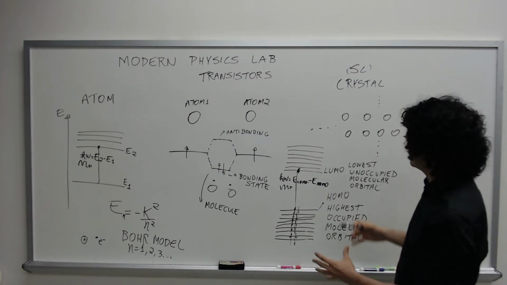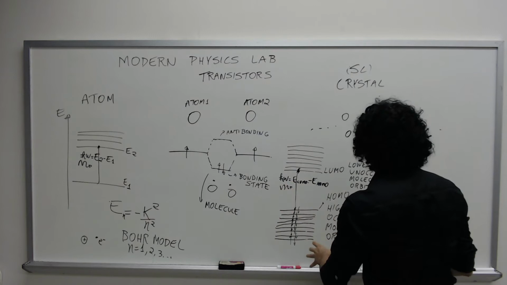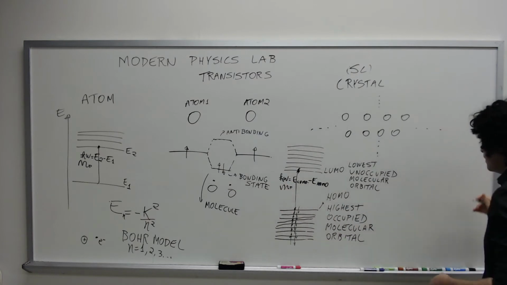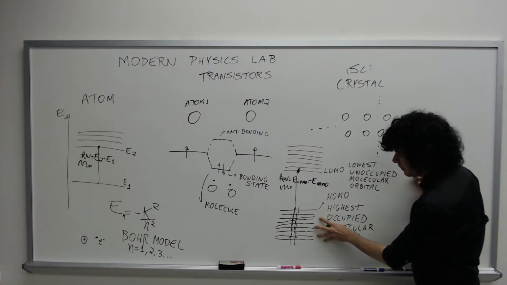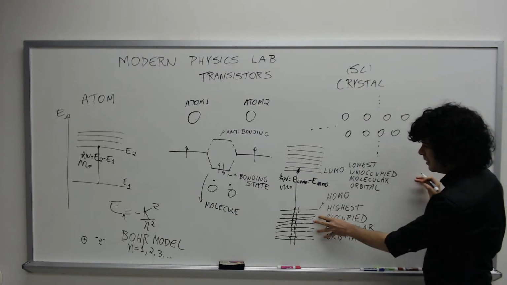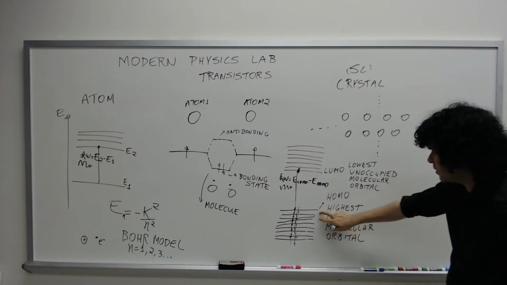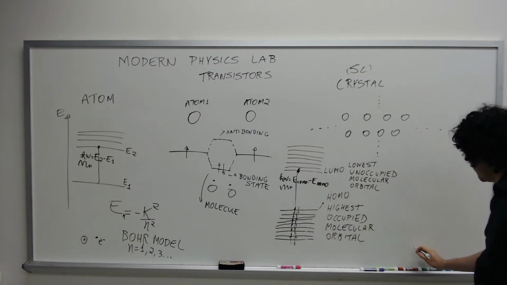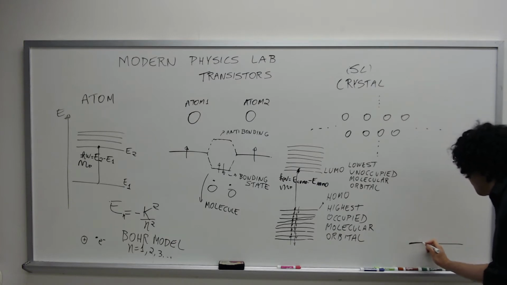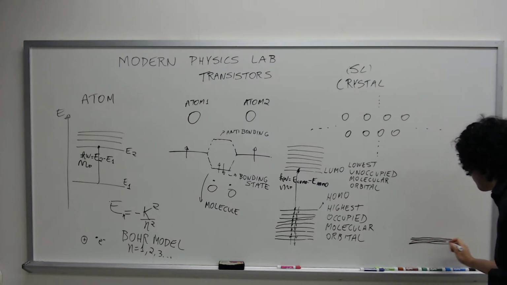So the semiconductor crystal will be similar, but the difference is in the separation between these states here. Now you have many states whose separation is very small at higher temperature, at room temperature.